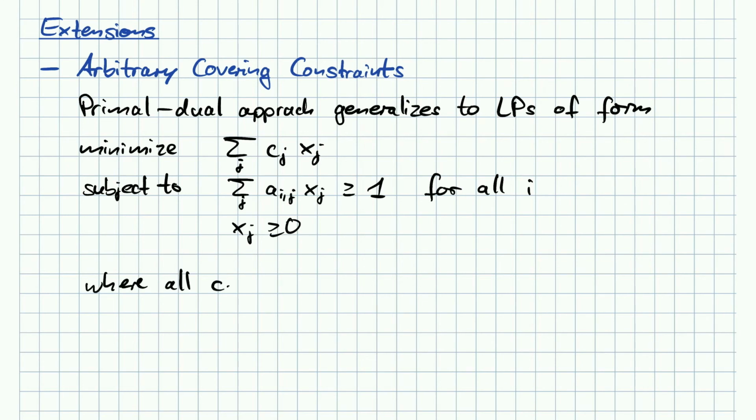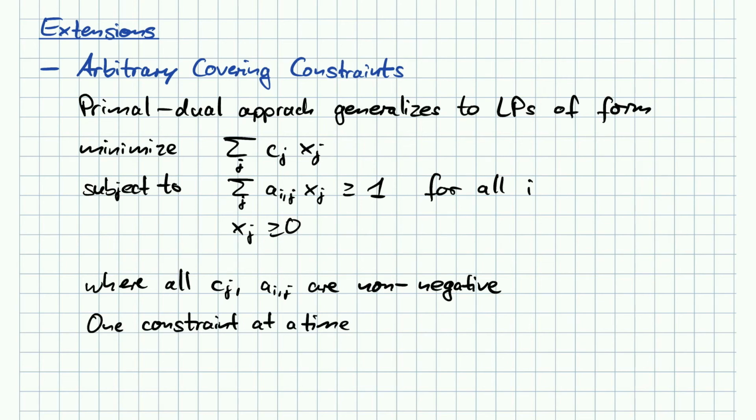Where all these c_j and a_ij are non-negative, and we get to see one constraint at a time. And we may only increase variables.